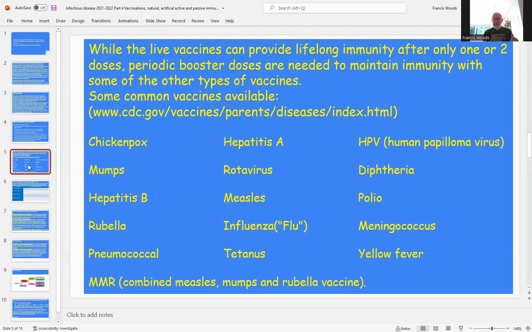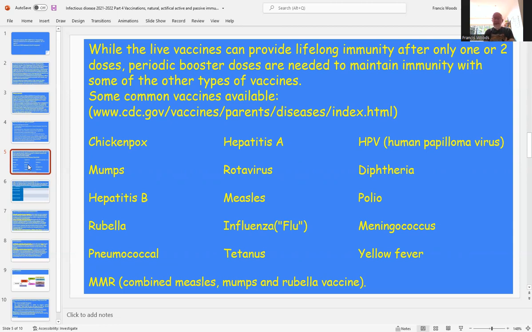So here is a list again from the CDC, and there's lots. Now, because you're doing a booklet for overseas students, I would look at ones that are not only common here but also over in different countries. Now I will pick out these in particular. So chickenpox is worldwide, so's mumps.